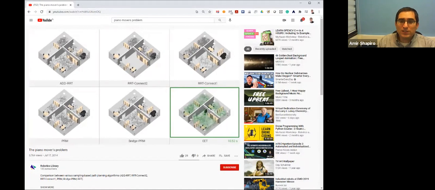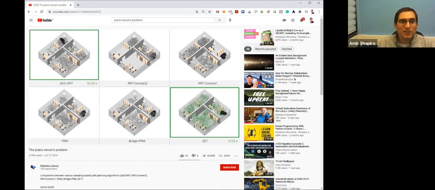Schwartz and Sharir solved the 3D problem, where the piano is on the floor and can only move and turn on the floor, which is a little simpler because the search space is in lower dimensions than the 6D problem you can see here.